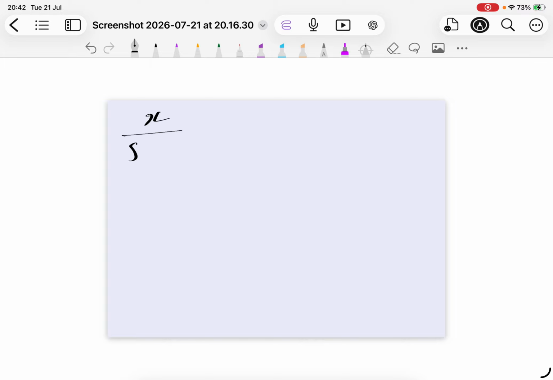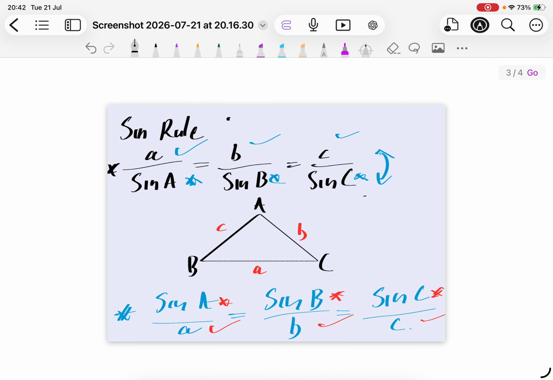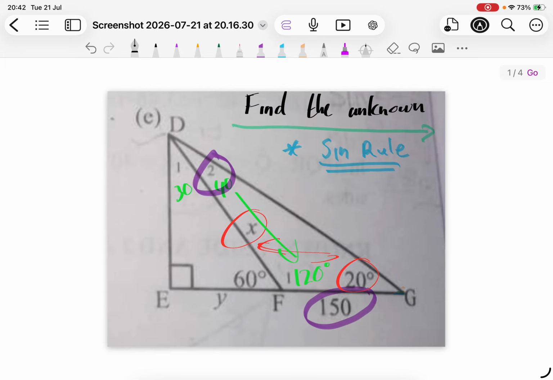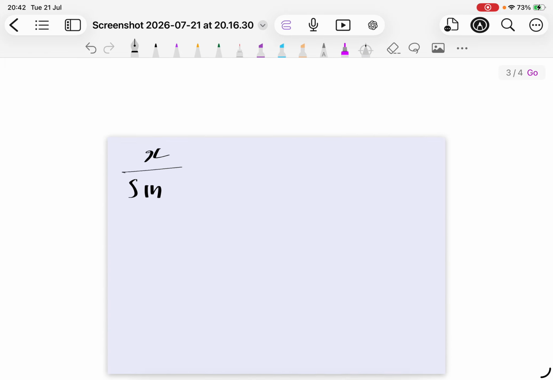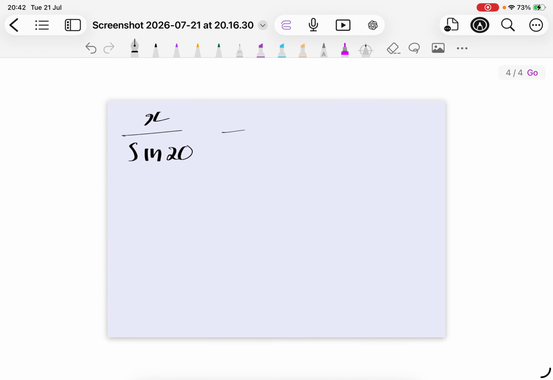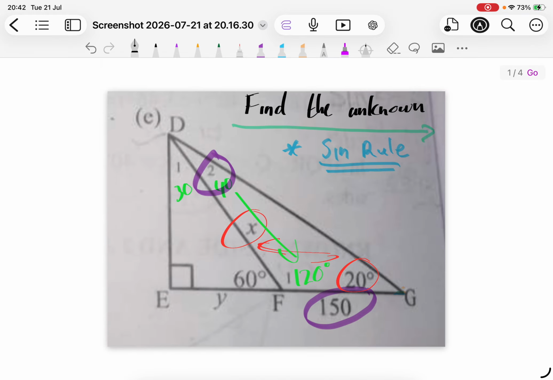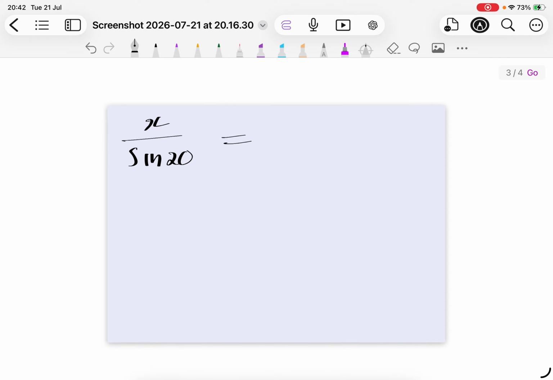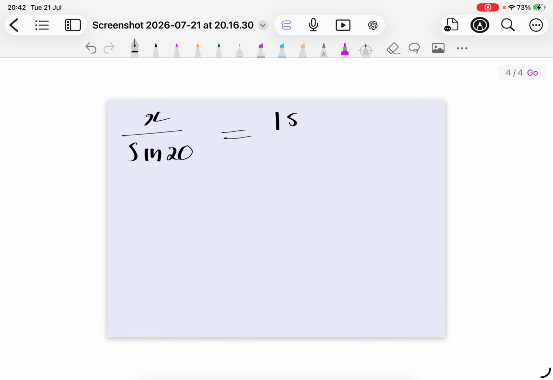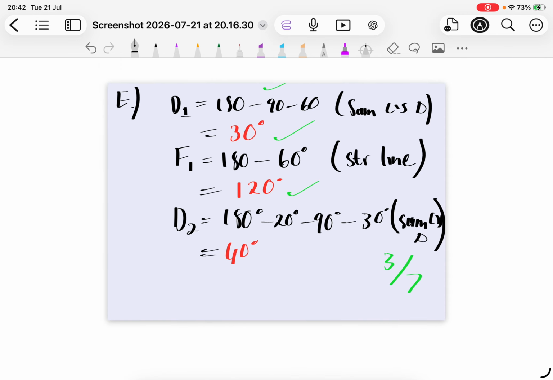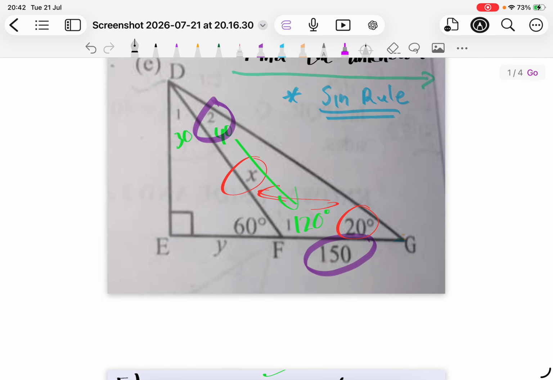Remember, x over sine who? What's opposite my x? Sine 20, is equal to, what do I have here? 40 and 150. So 150 goes on top, 150 over sine 40.